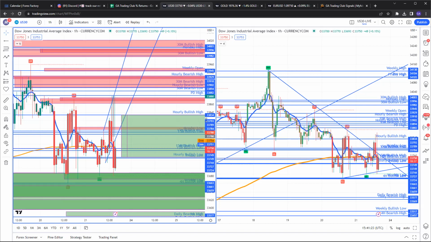The signals I've found you should look out for and really consider are the ones that come up mid-Asia to end of Asia, so maybe around 7 p.m. Eastern Standard Time, or if you want to be safer, wait for liquidity.